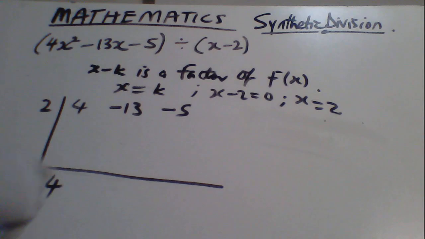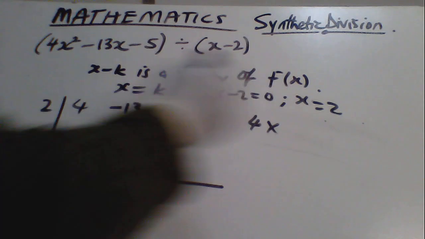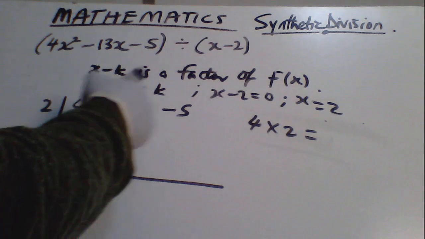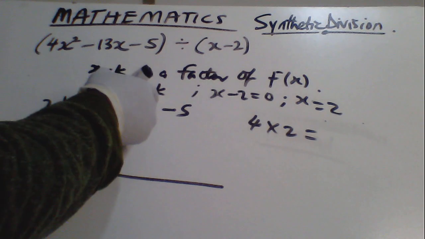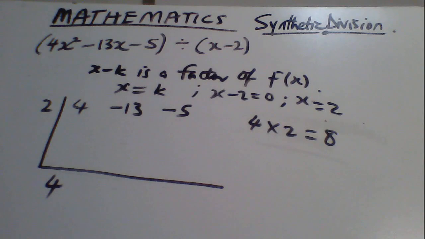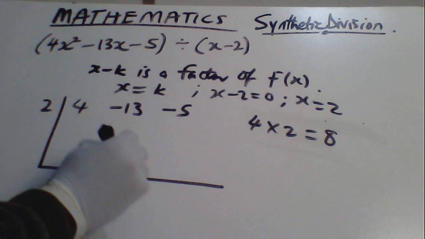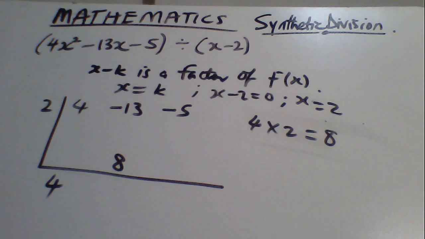In this case, the leading coefficient is 4, so multiply 4 by the k value, where k is equal to 2. So you have 8. Once you have gotten the 8, the next step is to write down the product under the second coefficient.